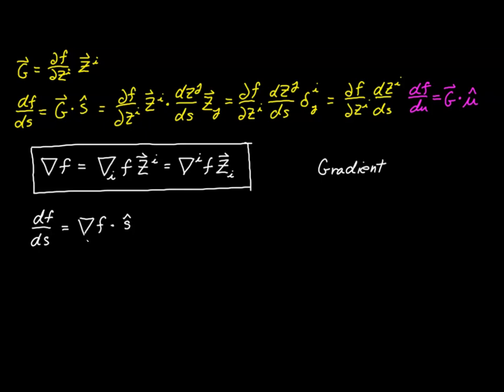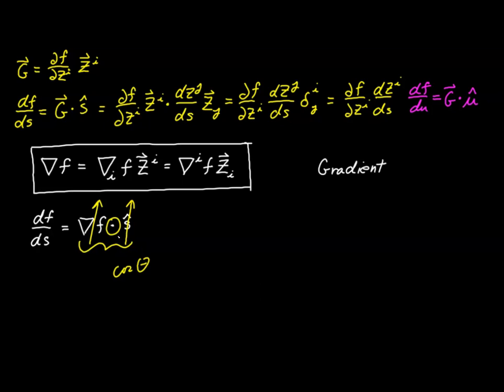The first is this: when we have a dot product like this, its maximum value is realized whenever this vector is parallel to this vector. Whenever s hat points in the same direction as the gradient, then the angle between them is 0, and there's a cosine theta factor here. So when theta is equal to 0, cosine theta is 1, which is as great as it can be.